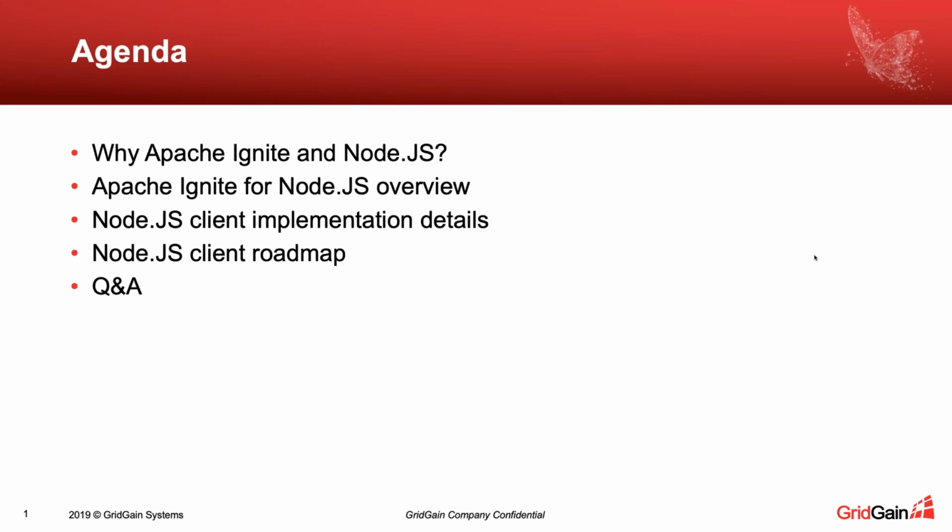First of all, I would like to contemplate why Apache Ignite and Node.js should be used together. Is there any similarity? Is there something in common between a language like Node.js and an in-memory computing platform such as Apache Ignite? After that, we will switch to the Apache Ignite overview, which is relevant for Node.js applications.